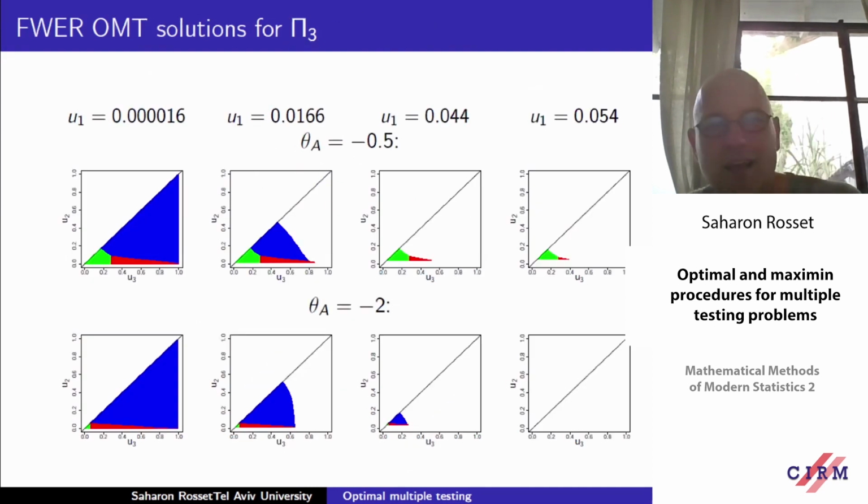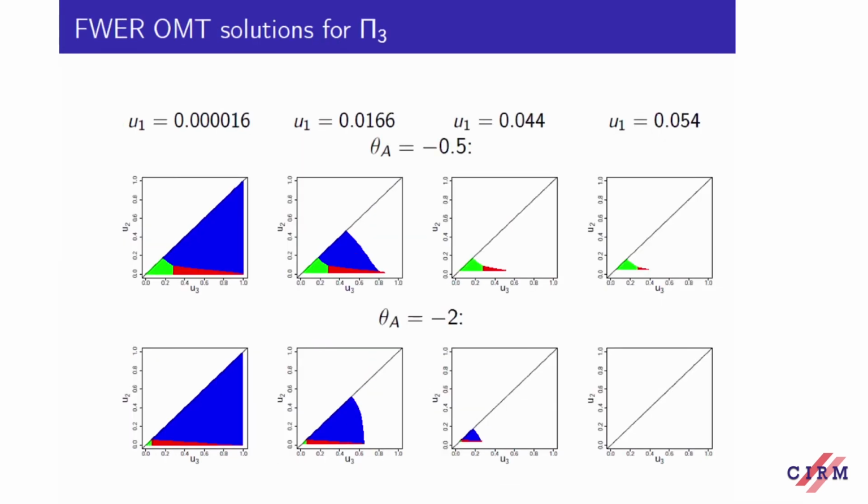And here we see the optimal solutions from our procedure. It's not surprising to see that the optimal solution depends on the value of the alternative we are interested in. So here we have an alternative that is low power, close to 0, and here we have an alternative which is decent power.